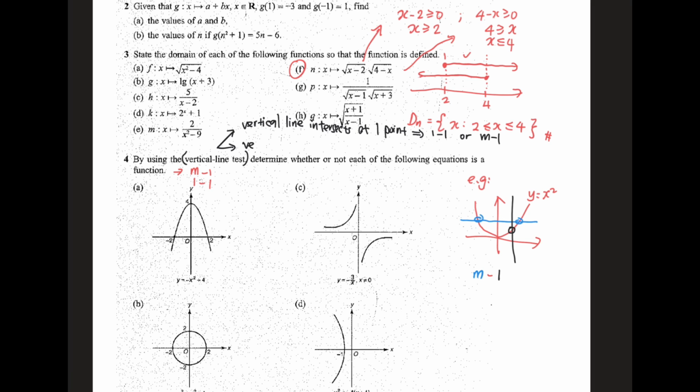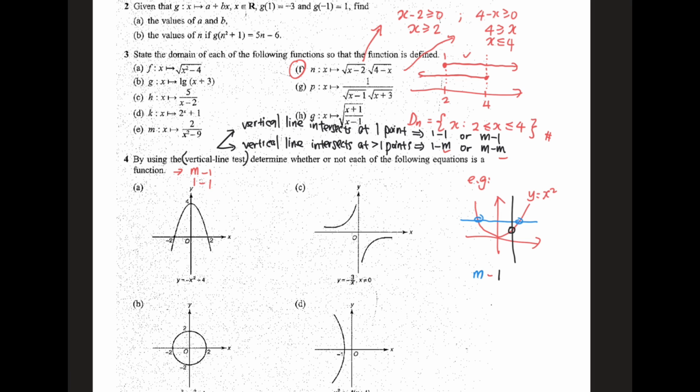If the vertical line intersects at more than 1 point, then the relationship is either 1 to many, which affects the back, so the back will become many already, or many to many. As you can see, the back will become many. So that's why the vertical line test alone can determine whether it is a function or not.